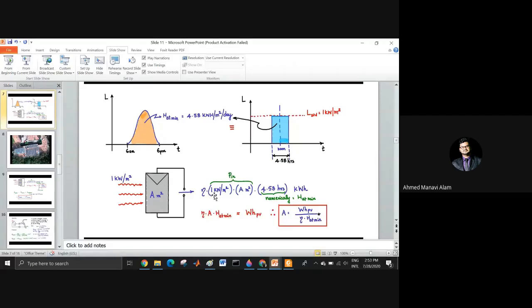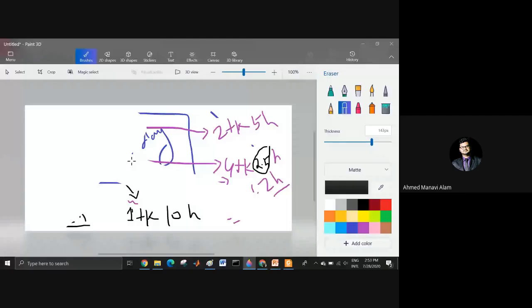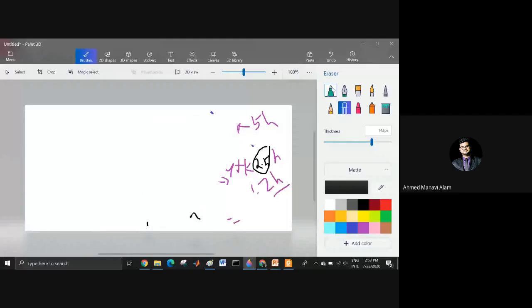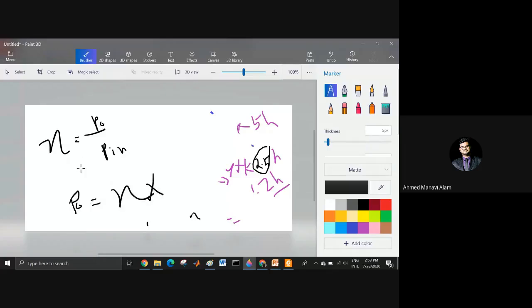Okay. Now, from the formula of the efficiency, we know that the efficiency is nothing but the output power divided by the input power. So my output power has to be efficiency into input power.